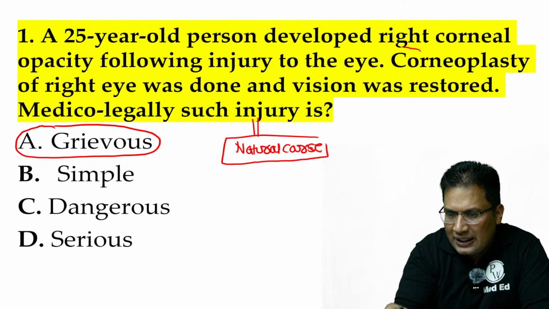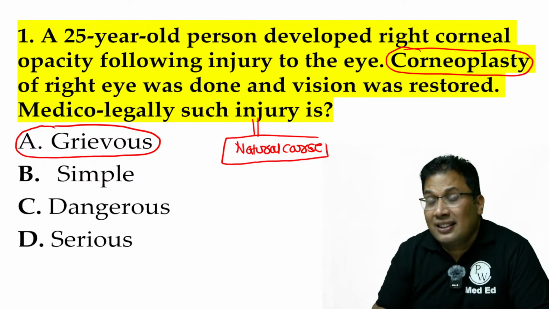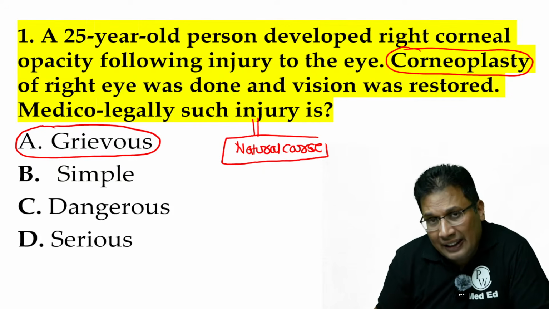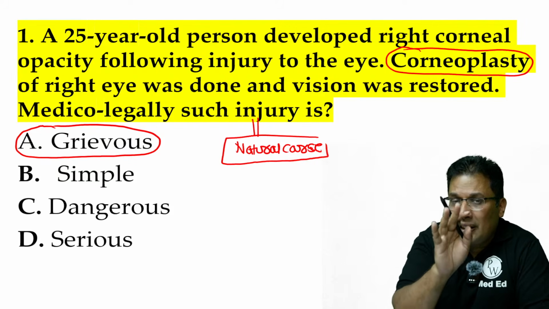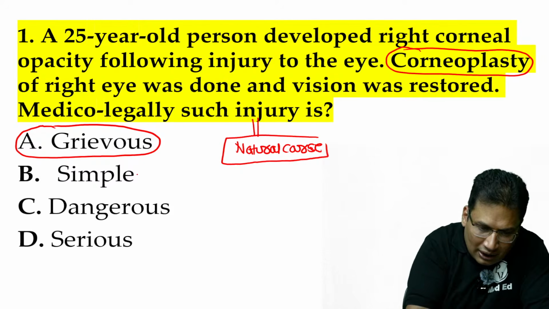Because corneoplasty is not natural course. Corneoplasty is an intervention, a surgical intervention, so that is not included in 116 BNS. Here the punishment can be 7 years of imprisonment. Simple hurt, I already said, comes under 114 and 115 BNS.